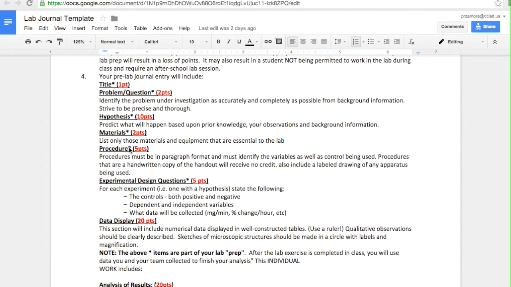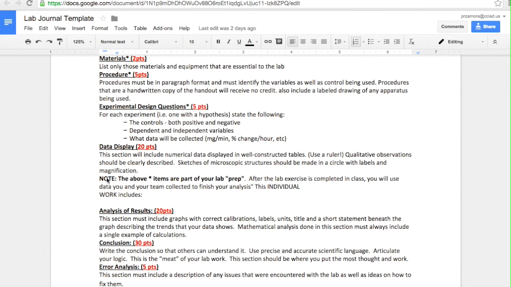After materials is procedure, which is a step-by-step guide to completing your experiment. After procedure comes the experimental design question section. This is where you will list any controls in your experiment, as well as identifying the independent and dependent variables. Under this section, you will also discuss the how and what type of data will be collected.